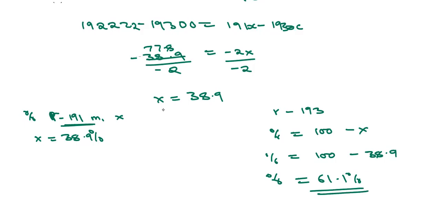This makes sense because when we add this and this, we get 100%, the total abundance. So the percentage abundances we were asked for are 38.9% for 191 and 61.1% for 193.